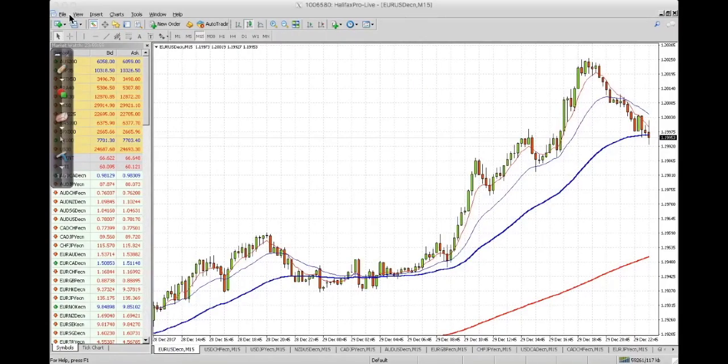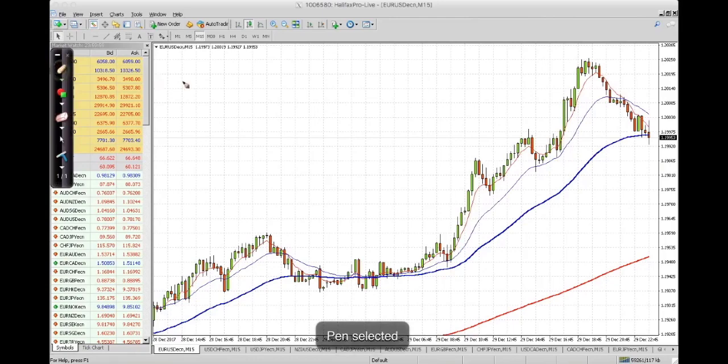Alright, so let me talk about the importance of identifying support and resistance levels on price charts. First, let me define support and resistance. Support and resistance are price levels where prices tend to stop and reverse direction.